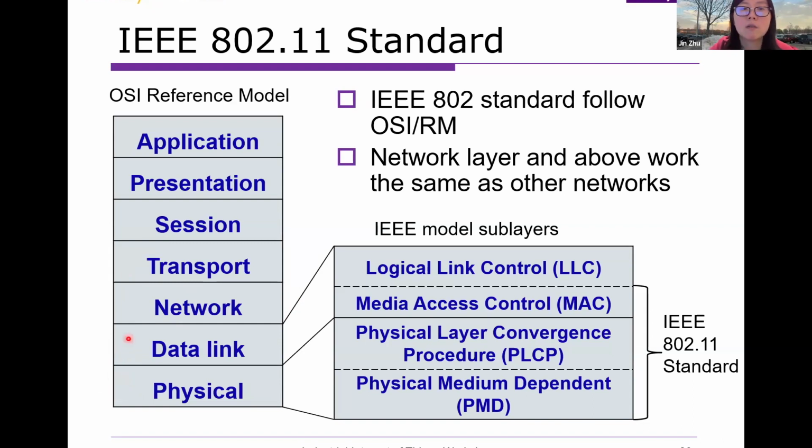For the wireless LAN, the upper layers work the same. We still use TCP/IP, but the Wi-Fi connection mostly addresses the lower two layers.